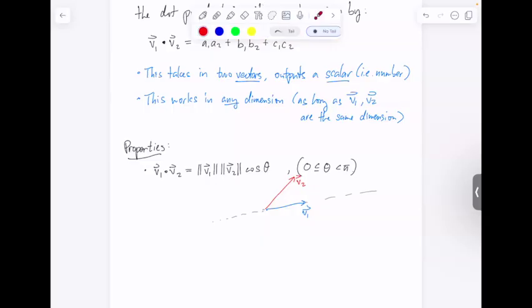Then there are many ways V2 could be oriented. So this way, whatever. But there's an angle between 0 and pi that I could draw from here to the opening of V2. In this case, it's this opening here. That's theta. If V2 happened to be pointing this way, then I'd be drawing the angle this way, just for theta to be between 0 and pi.